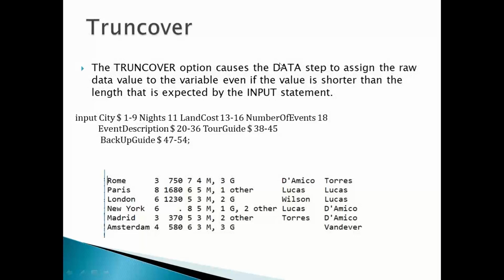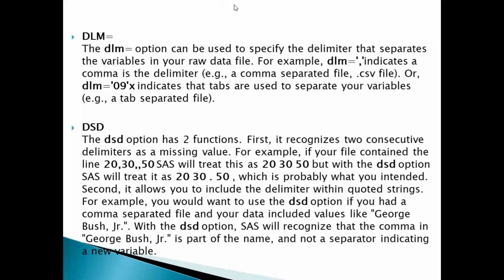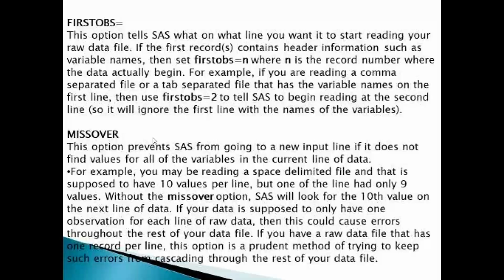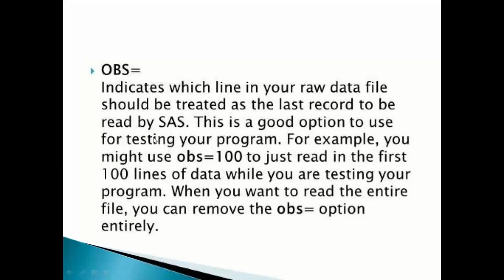There is one more option called truncover. That I'll also show with an example, which has some additional importance. One other point is, if your delimiter is tab separated, the notation for a tab separated file, tab key separated data, is 09x. And these are the notes for DSD, FIRSTOBS, missover, OBS and all that.